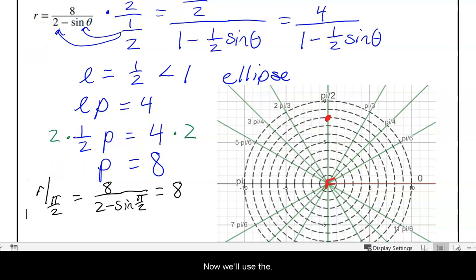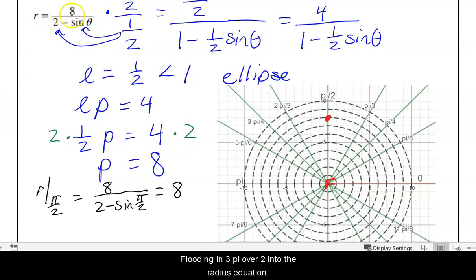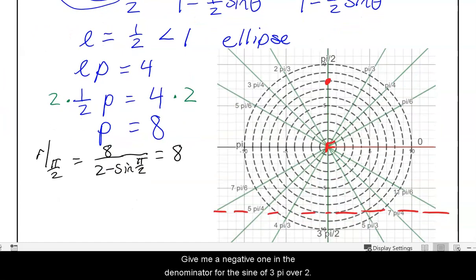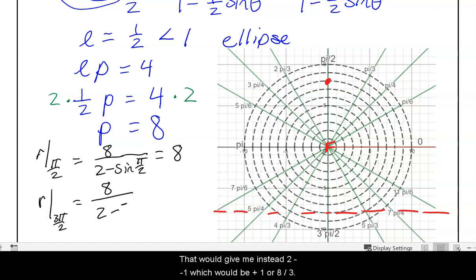Now we'll use the angle in the opposite direction of 3 pi over 2. Plugging in 3 pi over 2 into the radius equation would give me a -1 in the denominator for the sine of 3 pi over 2. That would give me instead 2 minus a -1, which would be +1, or 8 divided by 3.